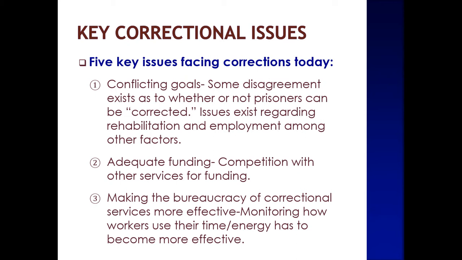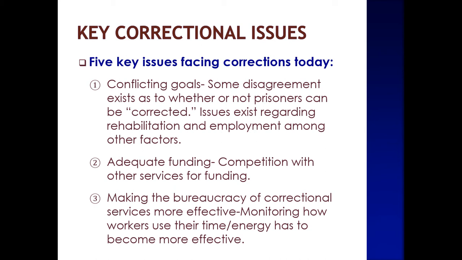And unfortunately, when you have a large system, you have bureaucracies. And typically with bureaucracies, there's duplication of effort, there is inefficiency. Anytime you have a large government agency, there are issues with the system running smoothly.